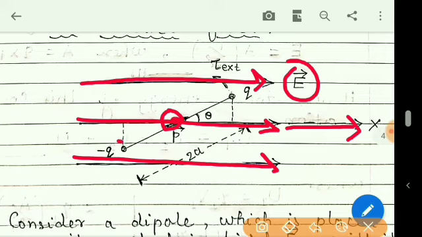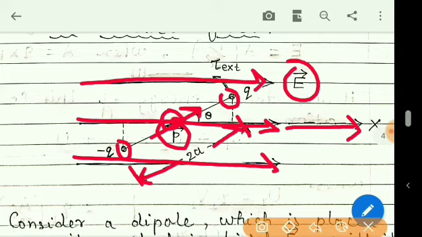The charges minus q and plus q are shown here, and we know that the dipole moment of any dipole is from negative to positive, so that is also shown in the figure. The distance between the two charges of a dipole is always taken as 2a. So this is about the figure.